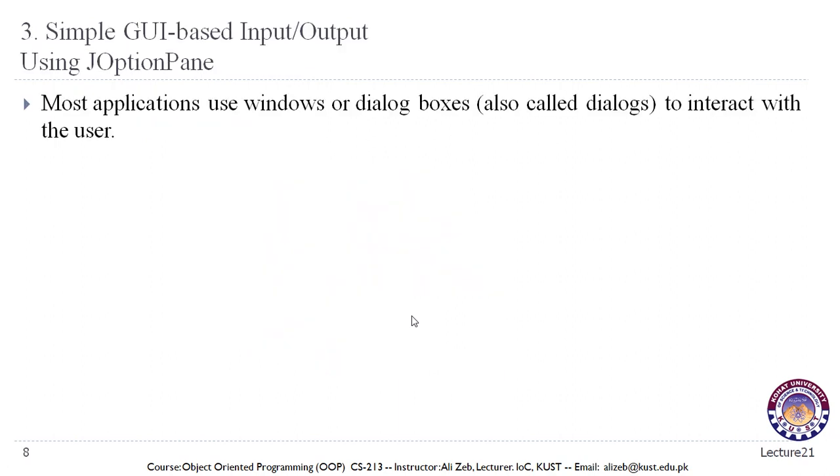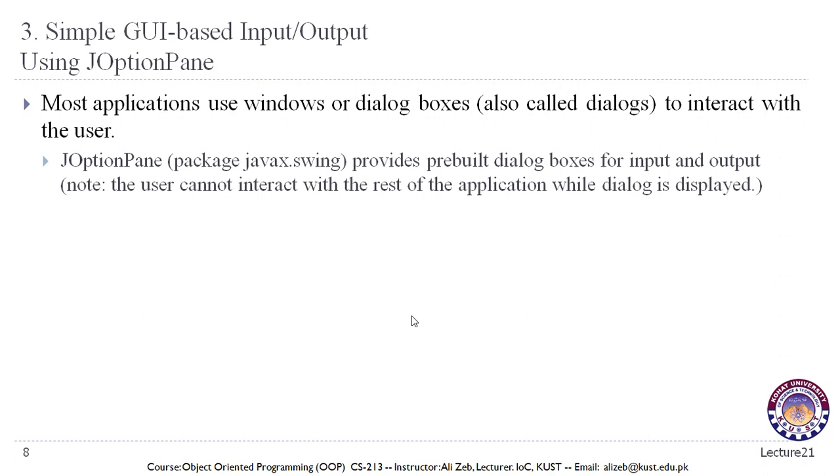Using JOptionPane: most applications use windows or dialog boxes, also called dialogs, to interact with the user. JOptionPane, for example, provides pre-built dialog boxes for input and output. Note that the user cannot interact with the rest of the application while a dialog is displayed.